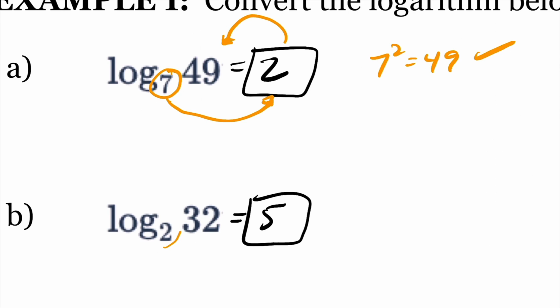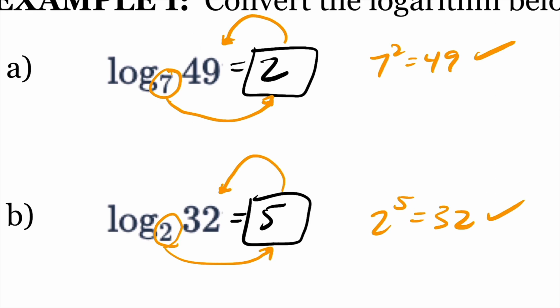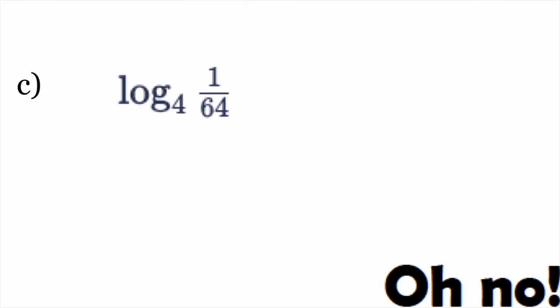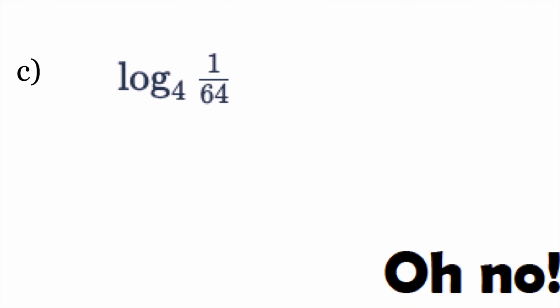Because 2 to the fifth power equals 32, sorry. We're only talking about powers here. I'm not talking about regular multiplication. I'll see a lot of people say, oh, 2 times 16 makes 32. Yeah, but that's not a power. We want a power. Okay. All right, letter C.